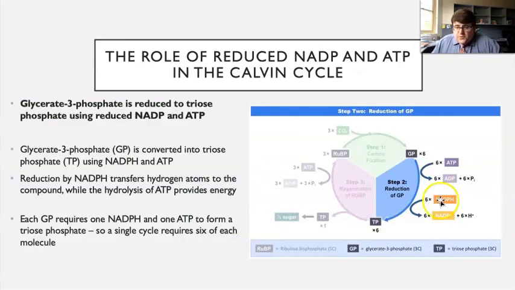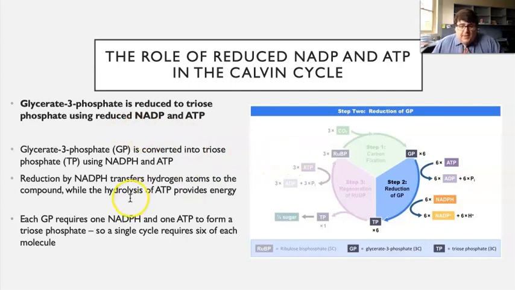Moving on to step 2, we're going to convert our molecules of GP into triose phosphate, which we're labelling as TP. This is done through NADPH and ATP, which we generated in our light-dependent reactions in our last video. In the reduction, NADPH transfers hydrogen atoms to the compound, while the hydrolysis of ATP provides energy for this reaction to take place.